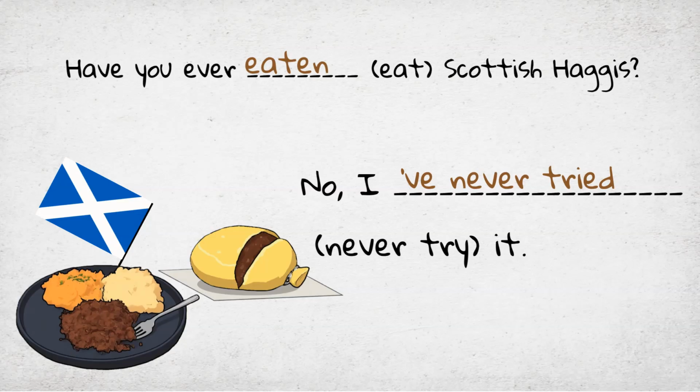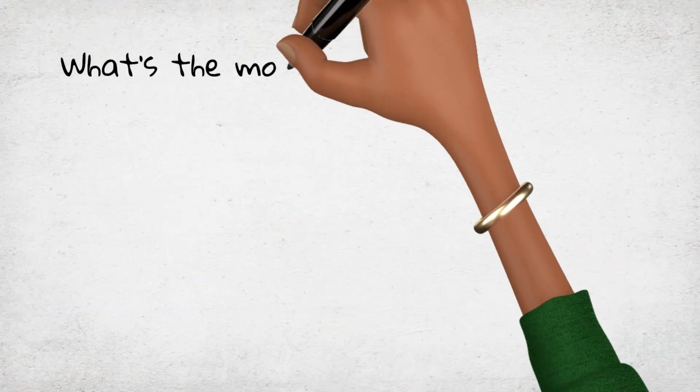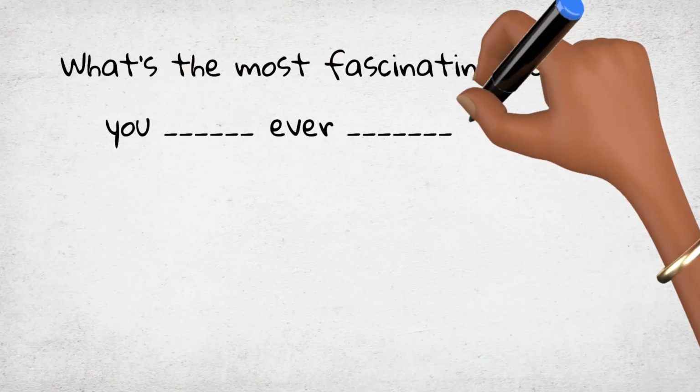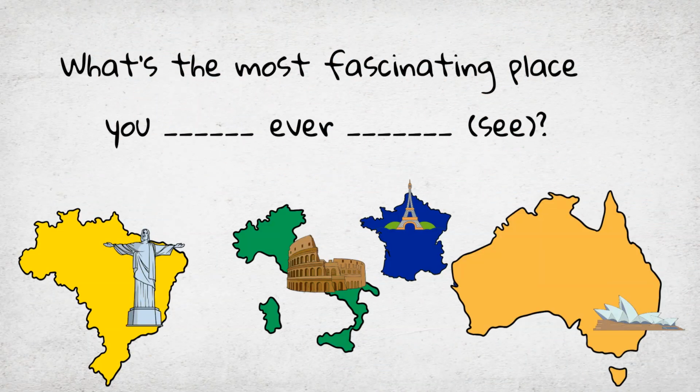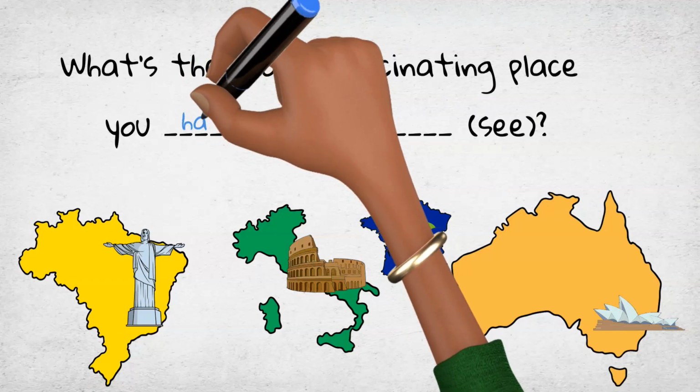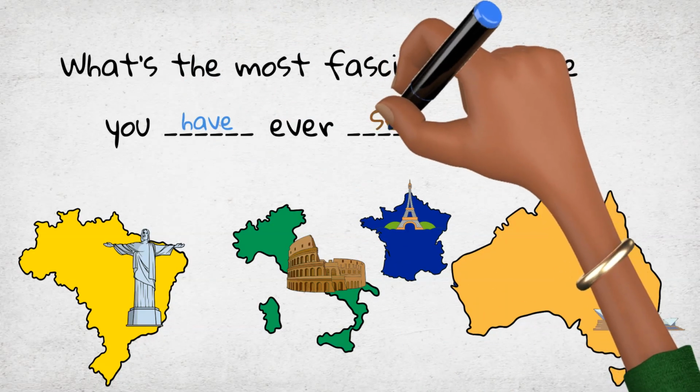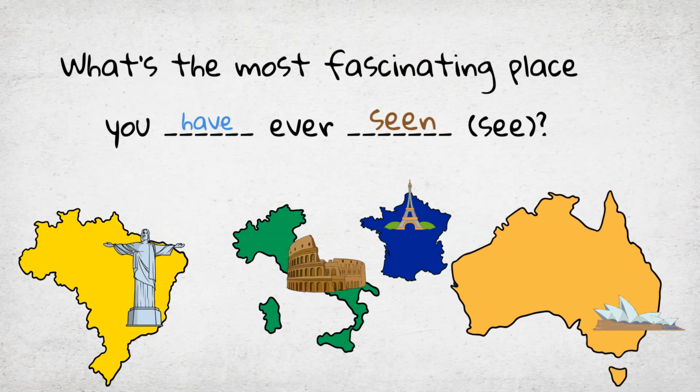No, I've never tried it. Well, you should. Maybe. Maybe not. Up to you. It's a bit special. What's the most fascinating place you ever with the verb see? What's the most fascinating place you've ever seen?